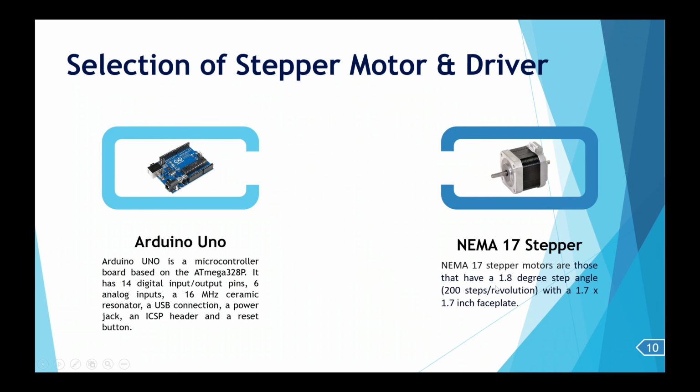I am telling this point because this manual control portion is not only used to control the motor manually. It has been made just to understand the exact working of a stepper motor. Now 200 steps per revolution, this parameter is very important. We will understand it later when we demonstrate it.